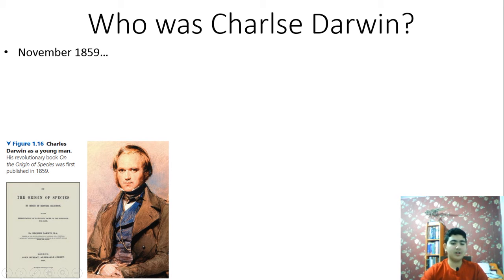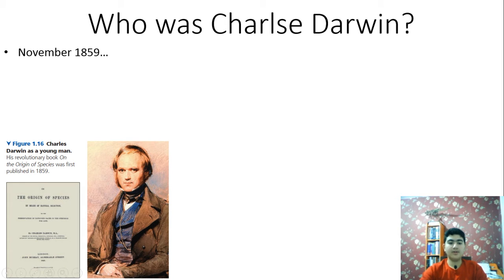This is Mr. Charles Darwin as a young man, and this is his book. This picture was taken from the Campbell biology book, with which I have started learning biology in this channel.